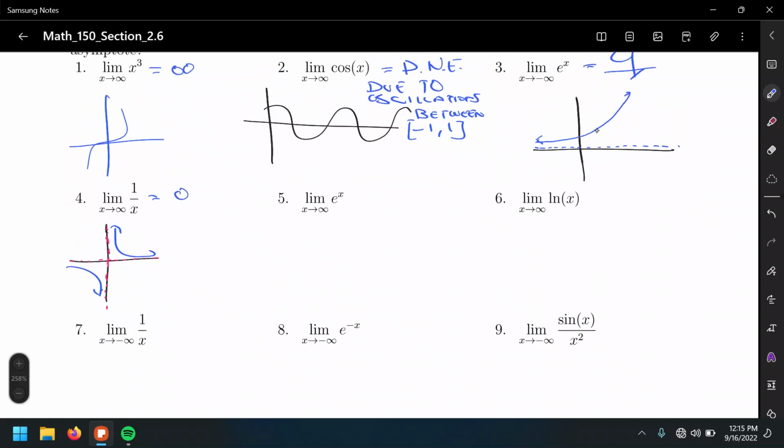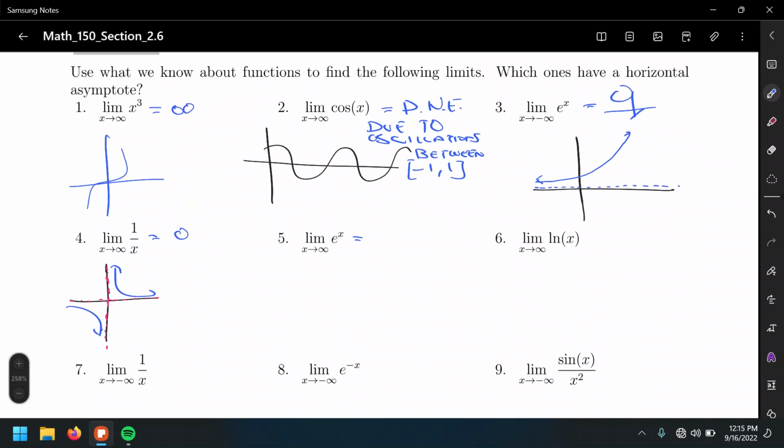All right, e to the x. Let's go back to e to the x. I'm not going to draw the graph again. We already have it here. What's the limit as x goes to infinity? Is it going to go to 0 just like going to negative infinity? Where is it going to go then? Infinity. Okay, ln of x.